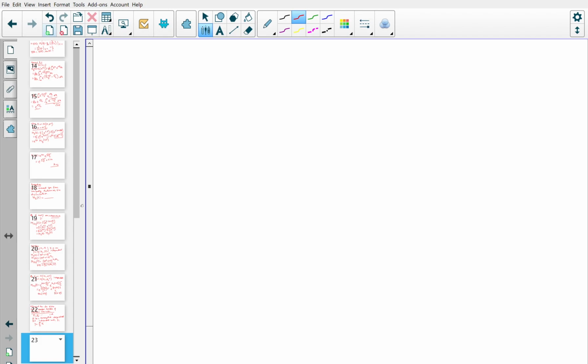So let me first find out the conditional expectation. This is the conditional expectation of e power tY given N equal to n.